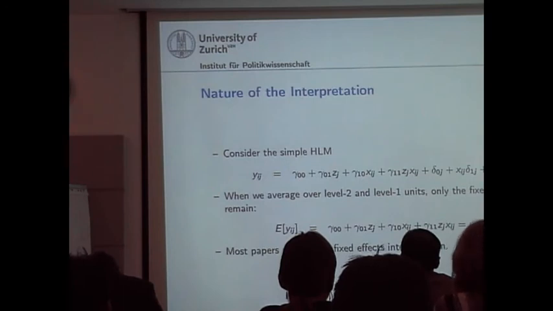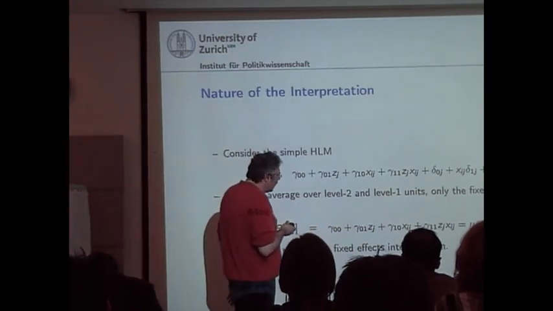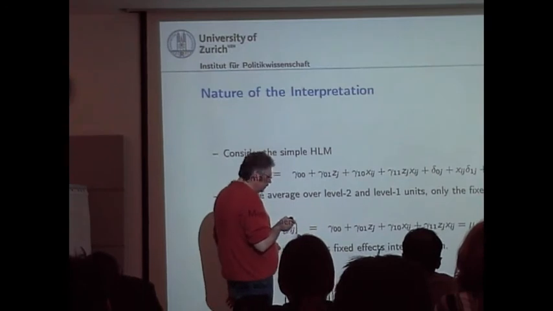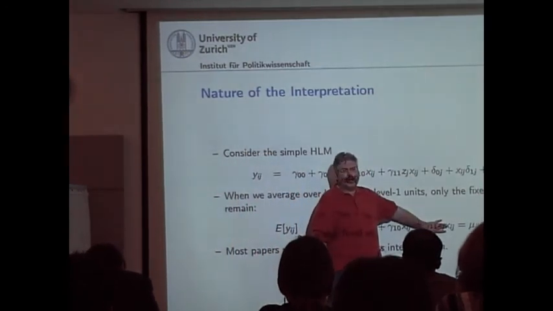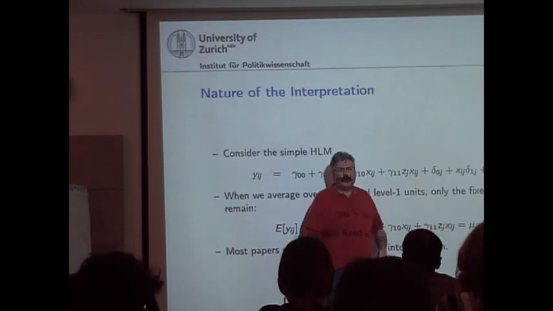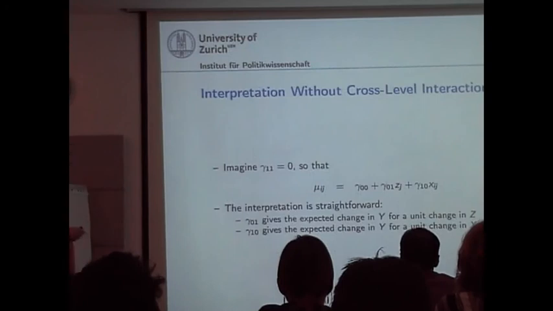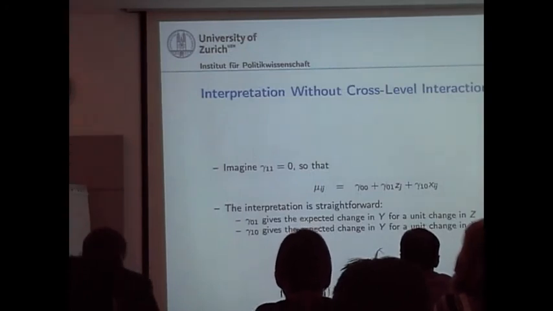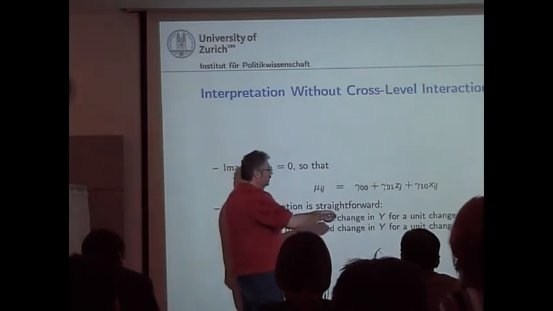Now, it's a fairly straightforward kind of interpretation. What I would like to do is first sort of ignore that we have a cross-level interaction and then focus on this cross-level interaction specifically. So imagine that this gamma 1,1 equals 0, so that what we really have is just this equation here.